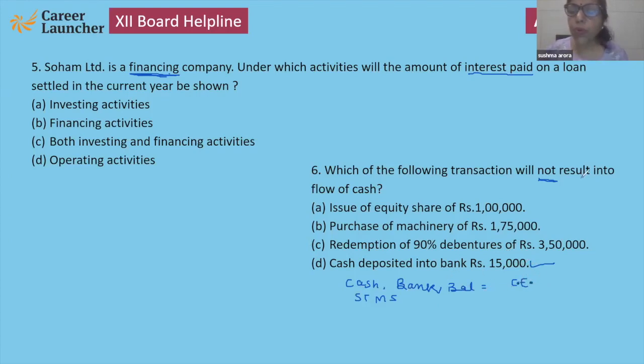So no flow, no flow. Now here I am giving you the question. Yes, financing company, interest paid. Where to show it? This is a financing company, and they are dealing in finance, so that's why it is operating activity. Clear? Now we will discuss the answer here.